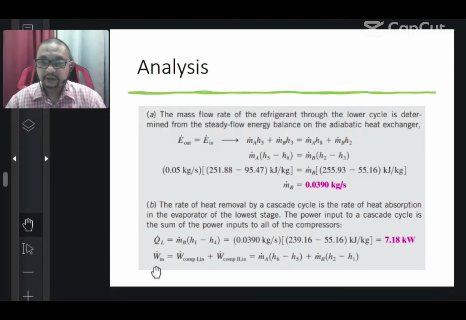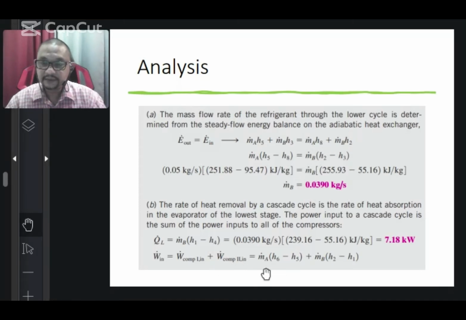So for the W dot in, in this case W dot in has cycle A and cycle B, and it also has two compressors. So work rate is W dot compressor 1 plus W dot compressor 2.